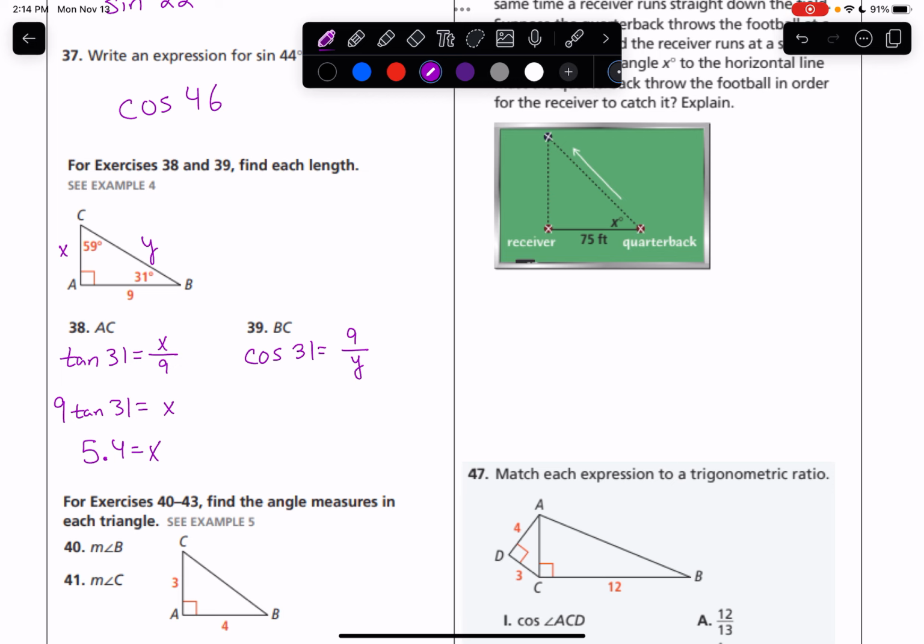I can multiply both sides by y to get y cosine of 31 equals 9. Then I want to get y on its own. So then I'm going to divide both sides by the cosine of 31. That tells me that y is equal to 9 over the cosine of 31, which is equal to approximately 10.5. And that would be the value of BC.